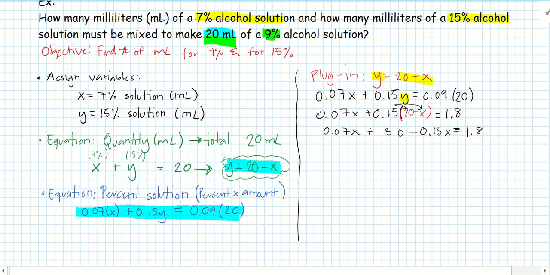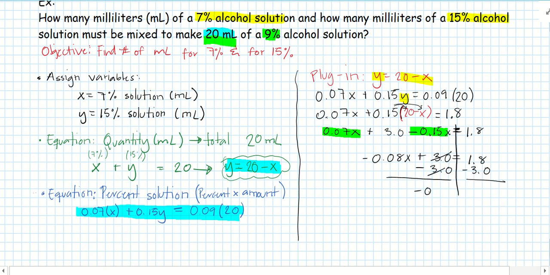I have my equal sign over here, so I can go ahead and draw my line. Then I identify my like terms, 0.07 and negative 0.15. That's going to give me negative 0.08x plus 3.0 equals 1.8. Now I'm going to subtract 3.0 on both sides. That cancels the 3.0.